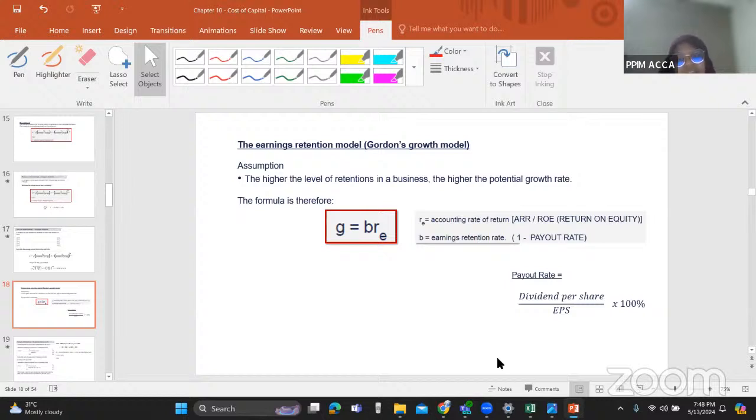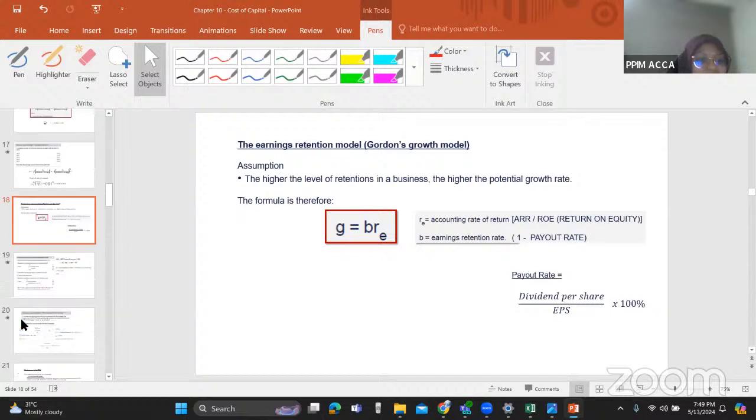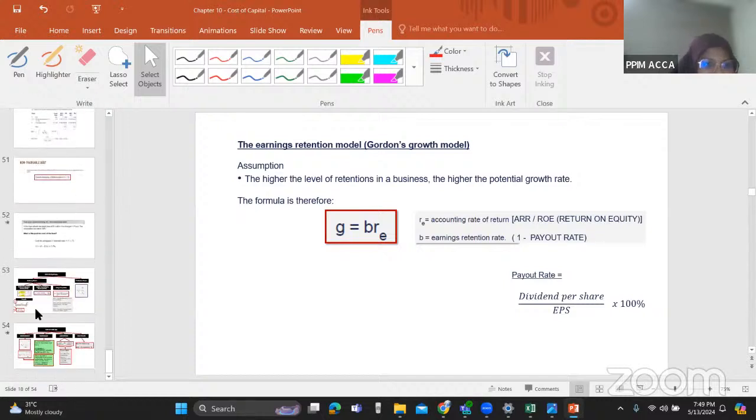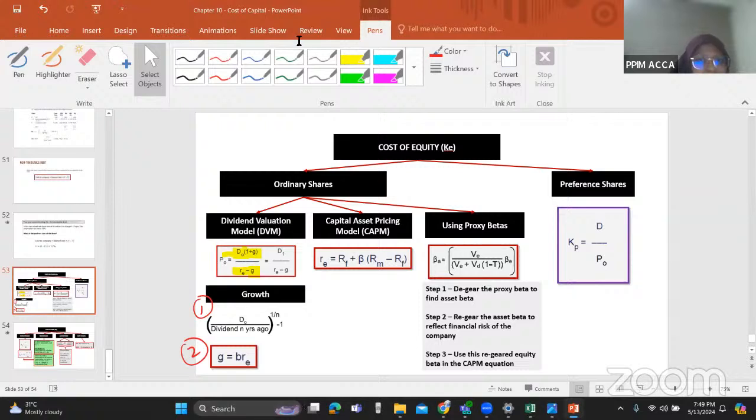Okay, so the retention rate is how much you are reinvesting into the business, because we believe the more you reinvest, the more the company will grow. So that is why we are including the retention rate to calculate growth. Okay, so that is one method. That's just one method of calculating either cost of equity or the market price per share.